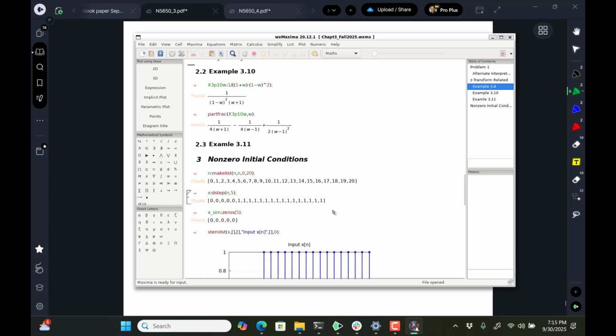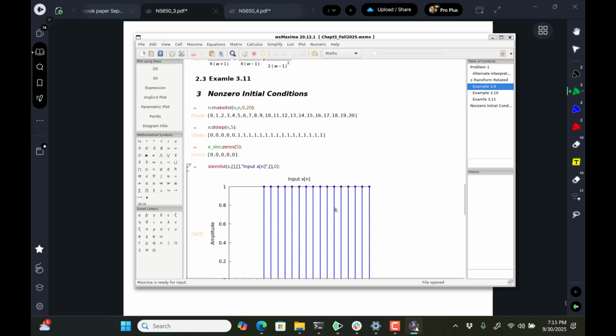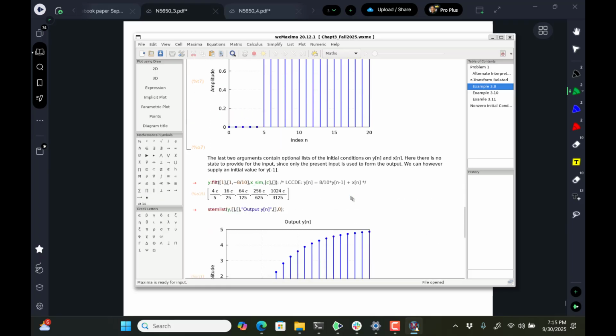In the package that I wrote from January up until this summer for Maxima, I wrote my filter function so that you can incorporate the non-zero initial conditions right inside this argument, and then this would be the past values of the output and past values of the input.